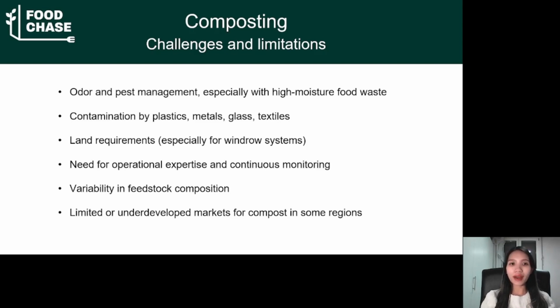It also requires operational expertise and continuous monitoring in order to keep optimal operational conditions. The variability in feedstock composition can be a big challenge, and for some reason, compost hasn't attracted much attention yet, so the market for compost is still limited or underdeveloped.